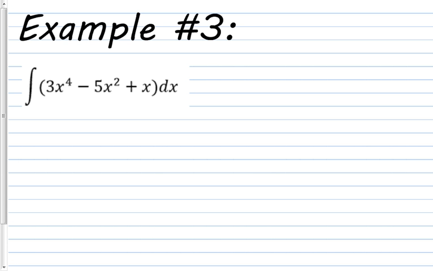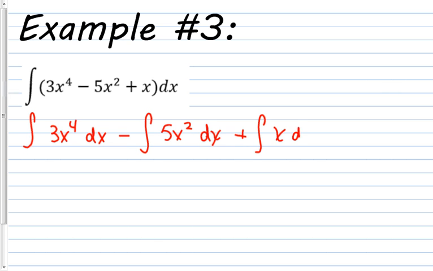Example 3. So here we're just integrating a polynomial. And what you're really doing is you're integrating pieces. You're doing 3x to the 4th dx minus the integral of 5x squared dx plus the integral of x dx.